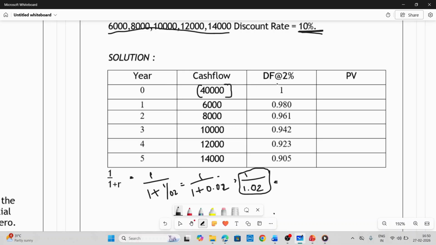So the DF at 2% is 1 divided by 1 plus 0.02. This is the formula to calculate it. Let me show you how to calculate this amount.